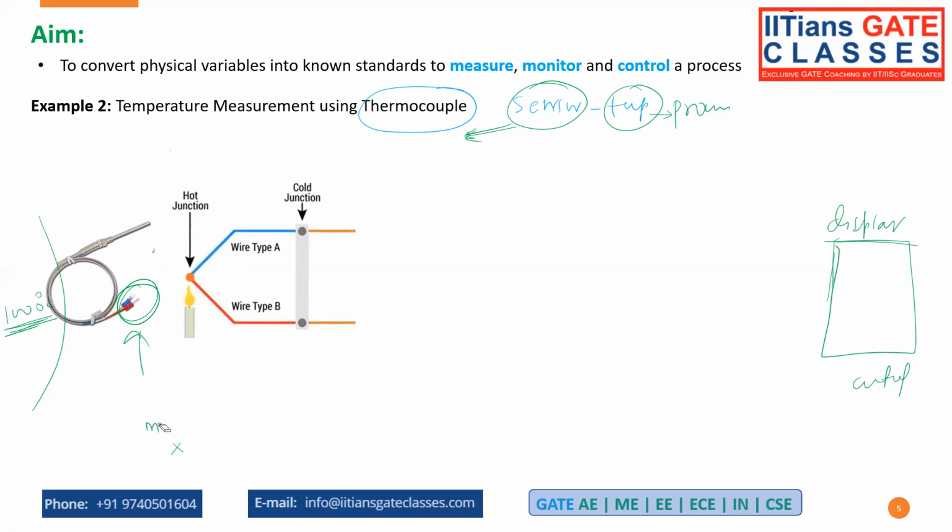I have taken this example of a thermocouple with two wires, wire type A and wire type B, and I am going to measure the temperature. So here you can go for the cold junction compensation.